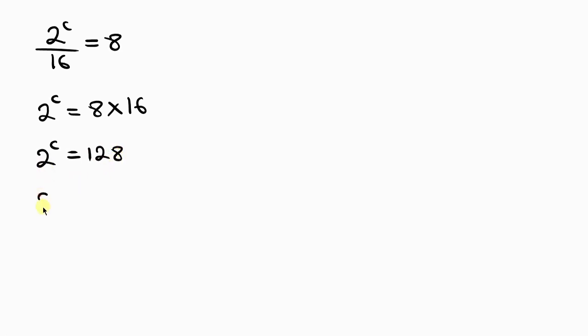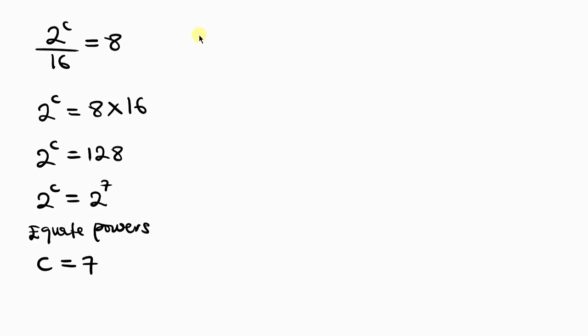So this becomes 2 to the c equal to, well, 128 can be written as 2 to the 7. And since the bases are the same, we can equate powers. So equate powers. So the power on the left is c, and the power on the right is 7, making the value of c to be equal to 7.